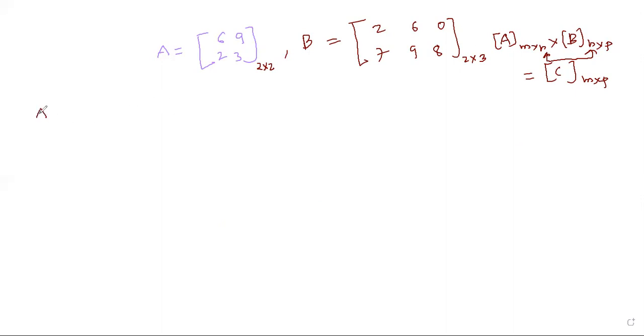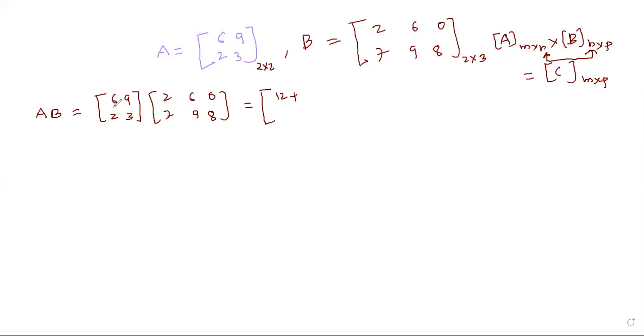Now we will multiply A into B. A is 6, 9, 2, 3, and matrix B is 2, 6, 0, 7, 9, 8. So multiply the first row with the first column: 6 into 2 is 12, plus 9 into 7.